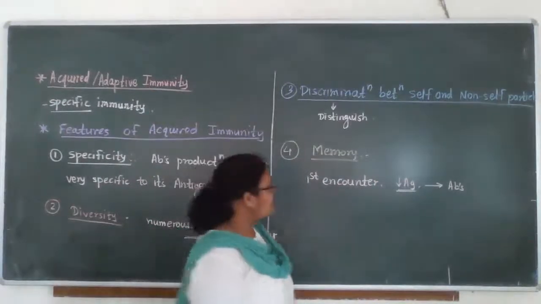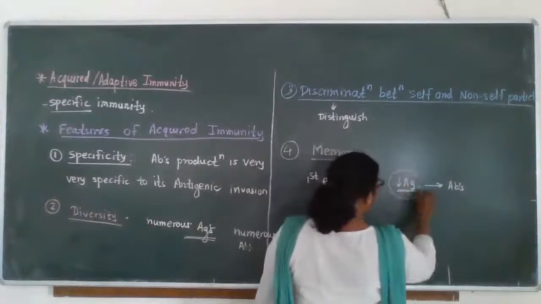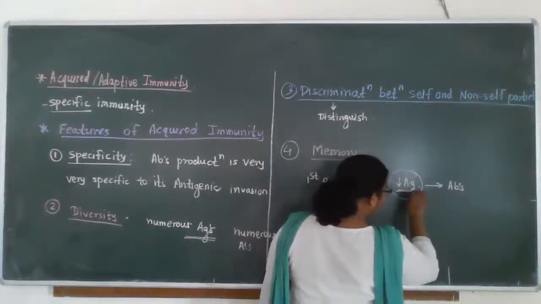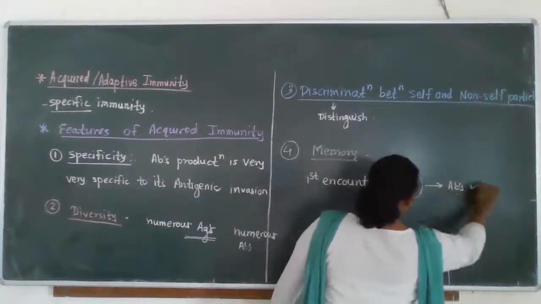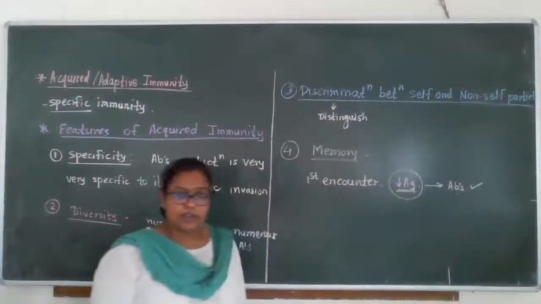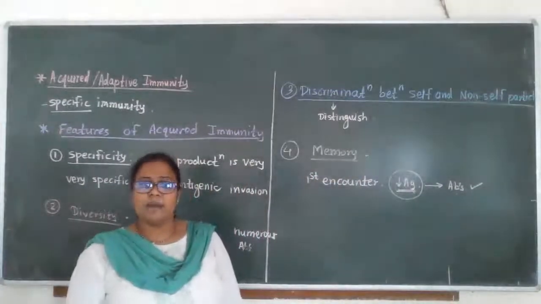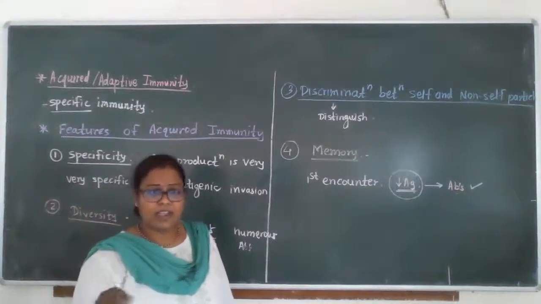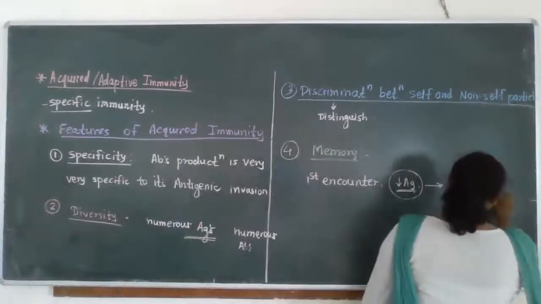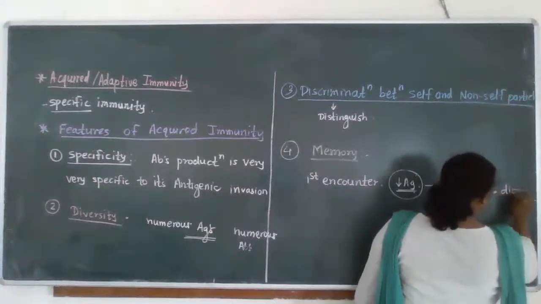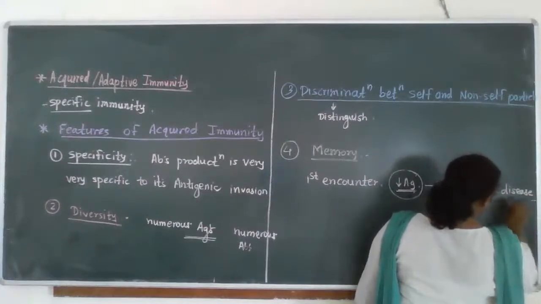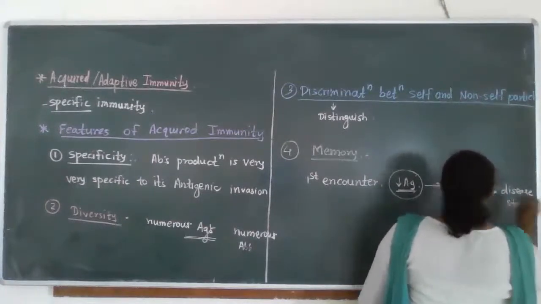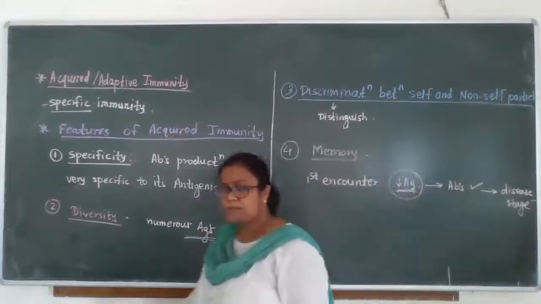That means this antigen invades our body, and against it, our body has produced antibodies. Clear? Sometimes this first encounter may lead us into the disease stage, and we suffer with that particular disease, right?